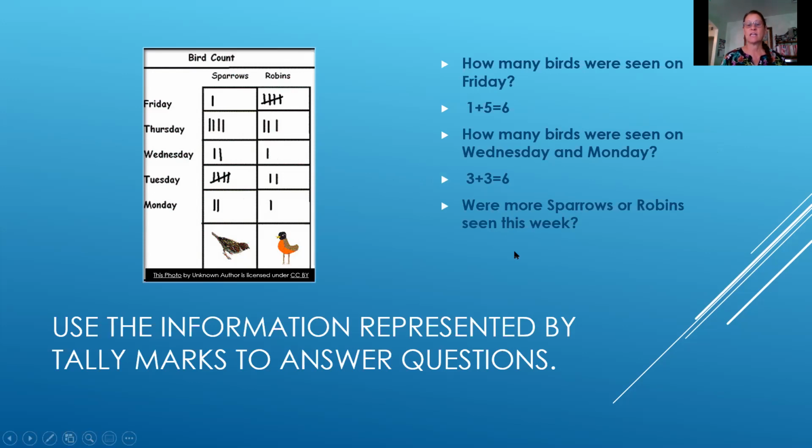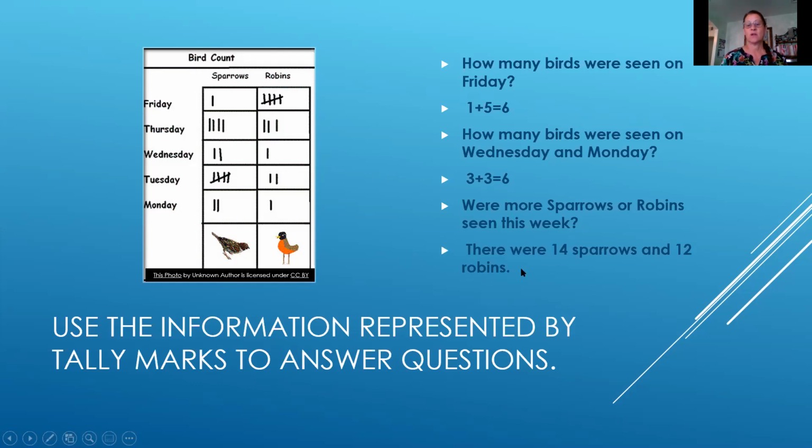Another question you might see is something like this one. Were there more sparrows or robins seen this week? To answer that question, we have to add 1 plus 4 plus 2 plus 5 plus 2 to answer how many sparrows were seen, and then 5 plus 3 plus 1 plus 2 plus 1 to figure out how many robins were seen.